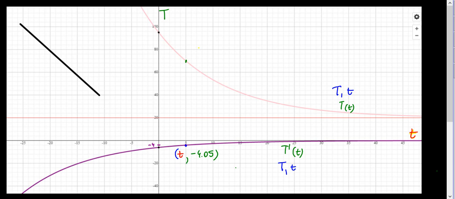They are connected with the value of t. T will be the same. The big temperature, I don't know. I'm going to read that from here. But that is the same. They connect by the t value. The connection between derivative and the main function always goes by the x value, the independent variable.